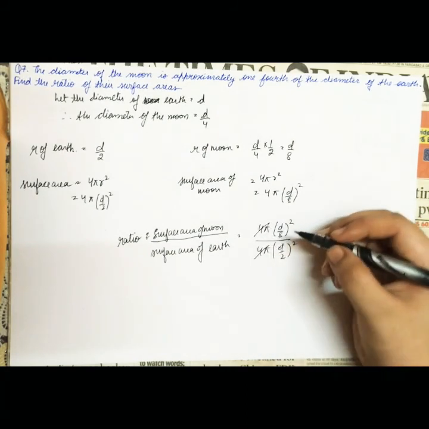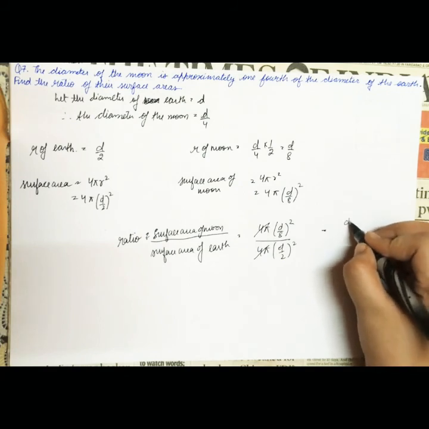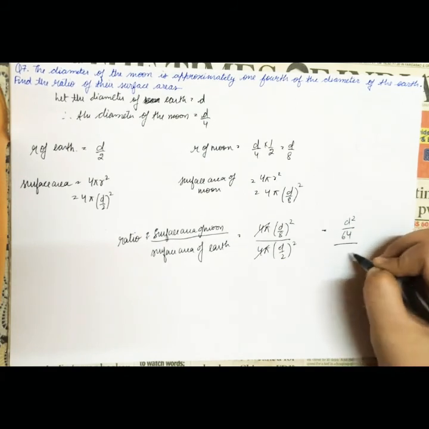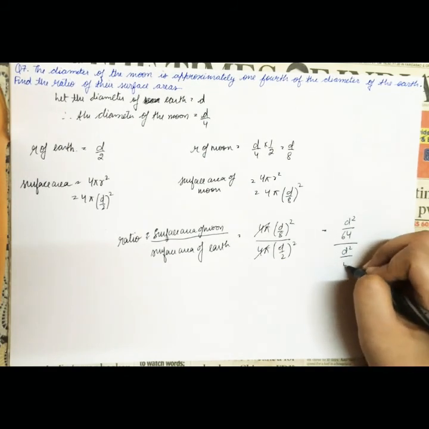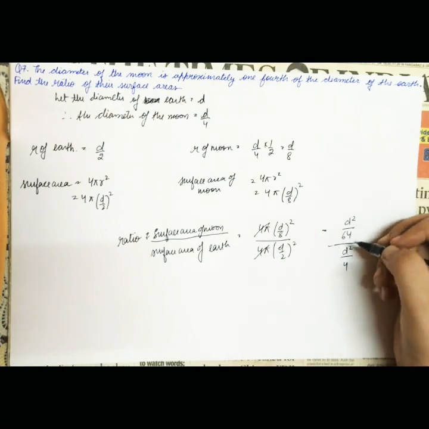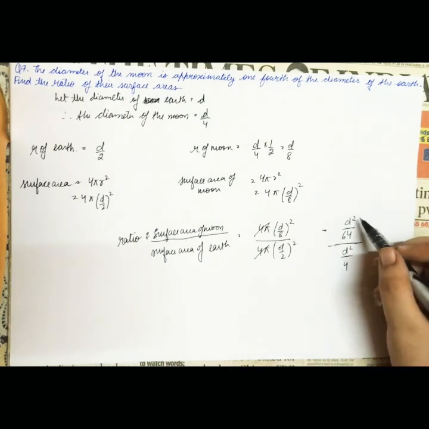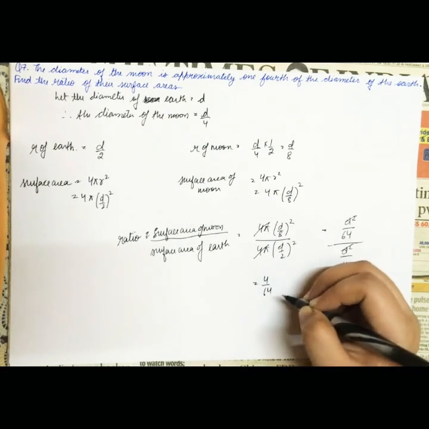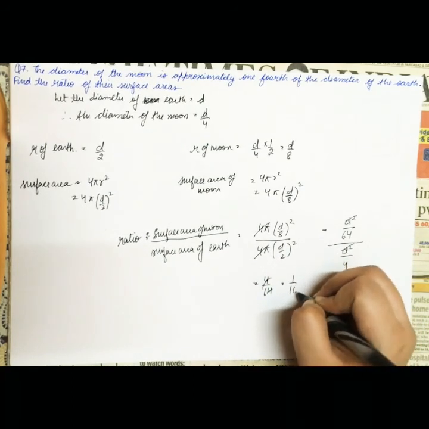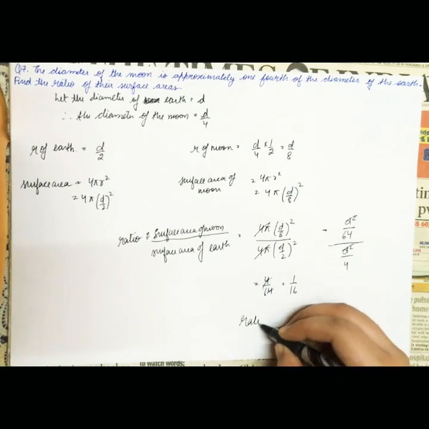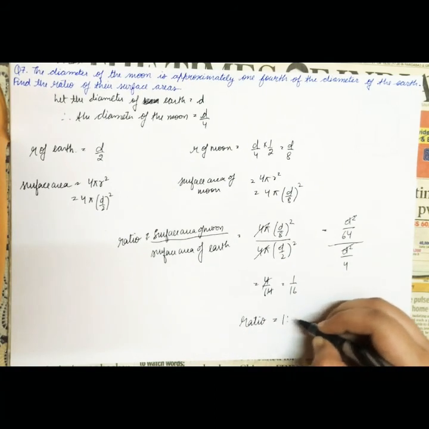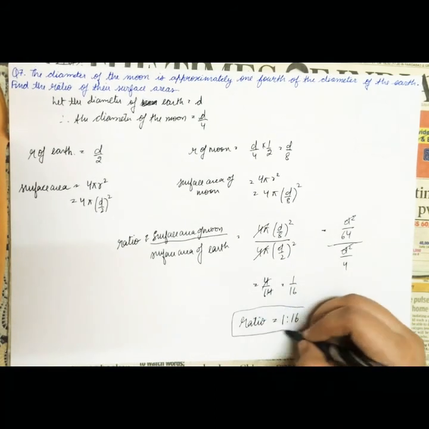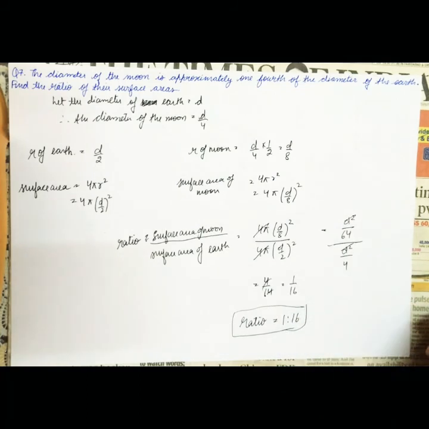Now this will get cancelled and it will become d square by 64 upon d square by 4. Now we can cancel these two and it will become 4 upon 64, which is equal to 1/16. Therefore the ratio will be 1:16. Therefore the ratio of the surface area is 1:16.